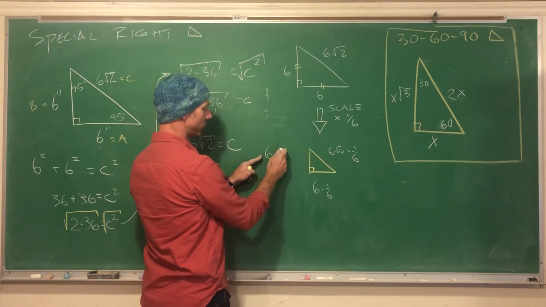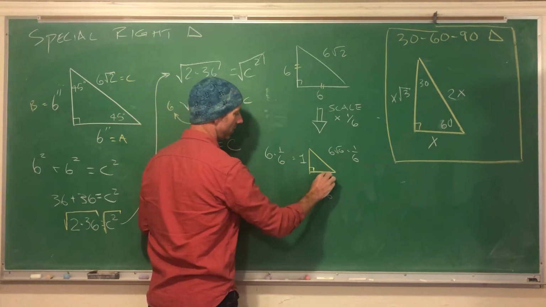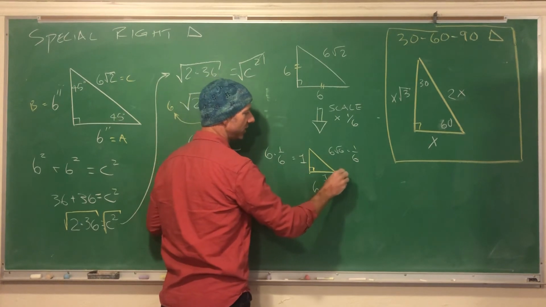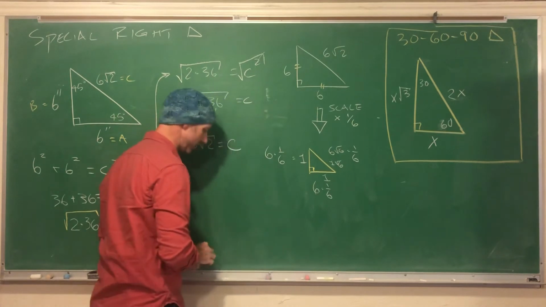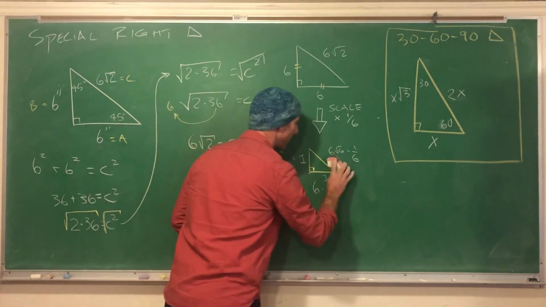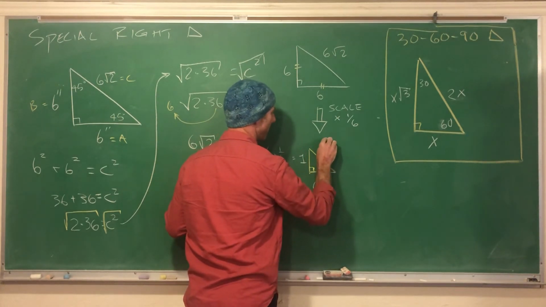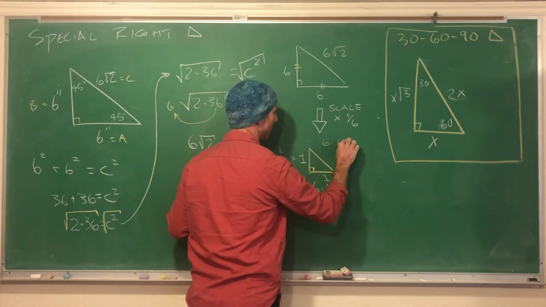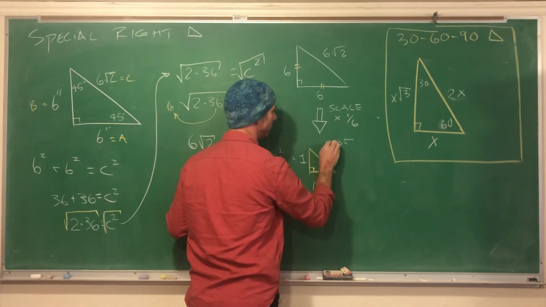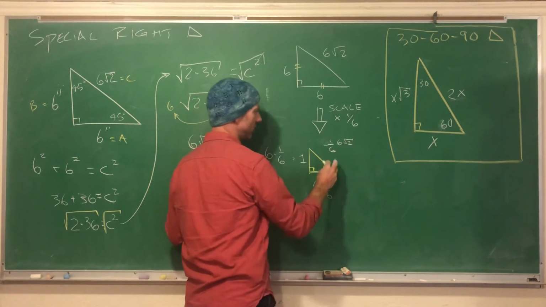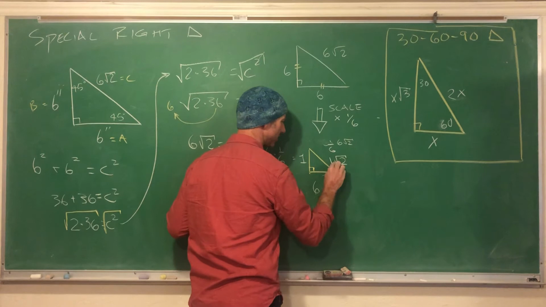This would be 1, 1. And over here would be 1 times the square root of 2. I think I just said that wrong a minute ago.